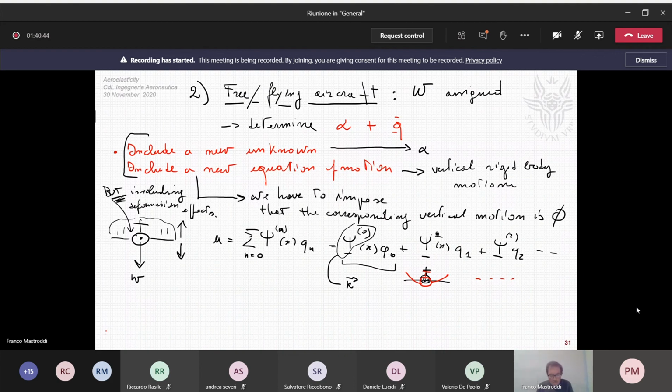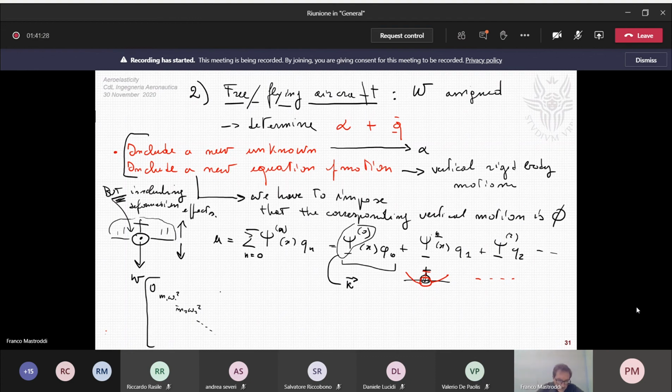Okay, so in this case, we have the following final problem. We have a stiffness matrix like this, 0. 0 is for the first Lagrangian variable associated to the rigid body motion. We have 0 modal frequency. The first mode of vibration corresponding to the rigid body motion is 0. So you have 0 here, and then we have m1 omega 1 square, m2 omega 2 square, and all the other modes.